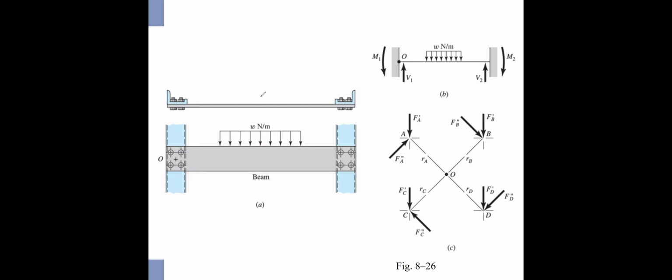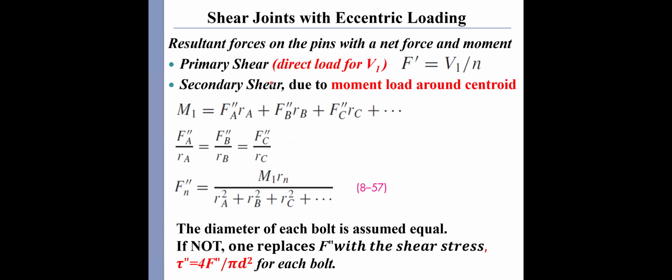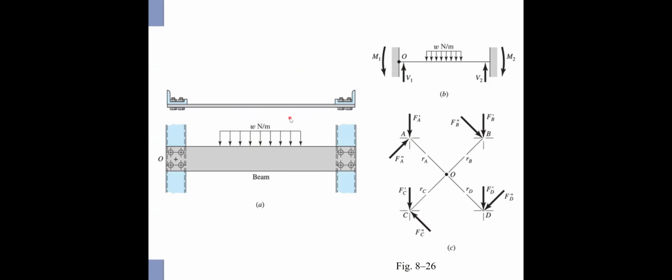So besides this F prime, we have to consider the secondary shear force due to the moment, the secondary shear F double prime. The moment applied to the joint at pin A equals F_A double prime times R_A.